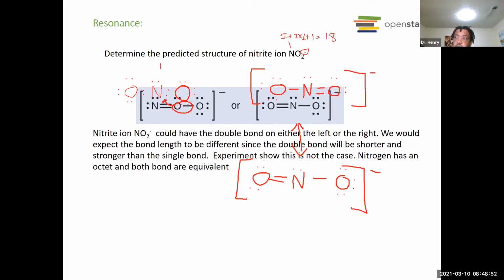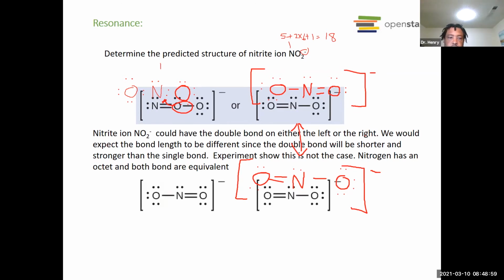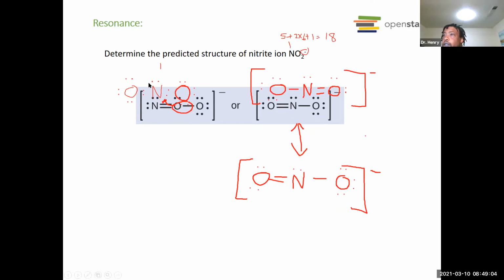Okay, so if we did the formal charges, we'd see that this one works out nicely. Let's do that real quick. We know that this one isn't going to exist, so we're not going to worry about this possibility right here, because we know the center atom is going to be nitrogen.